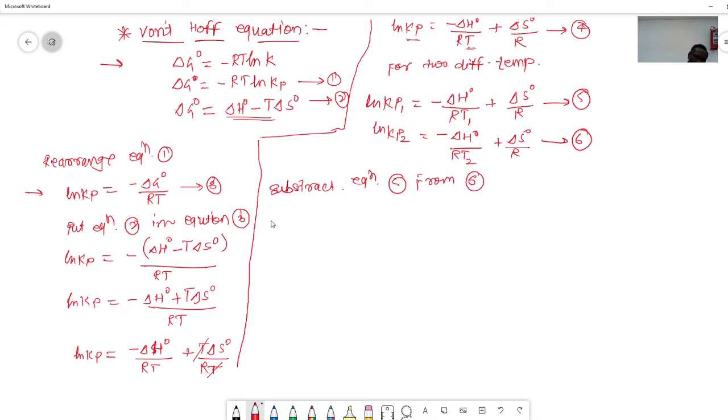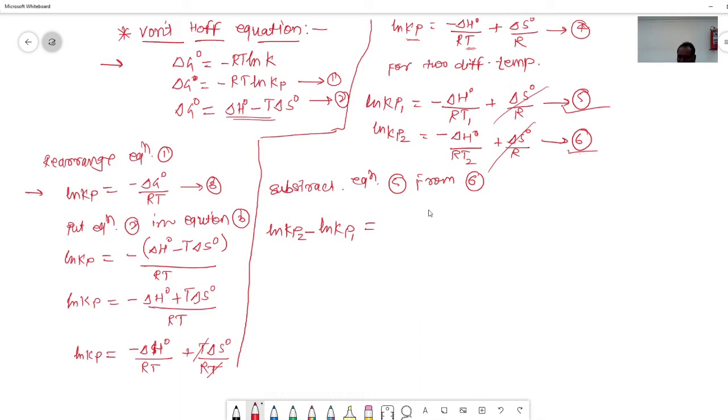This can be written as ln Kp2 minus ln Kp1 is equal to, rearranging directly, because this is plus delta S0 divided by R minus delta S0 divided by R, this term will get cancelled while subtracting equation number 5 from equation number 6.